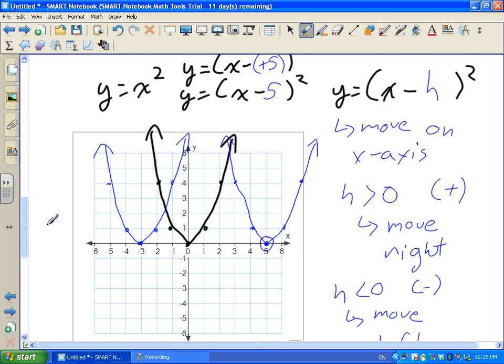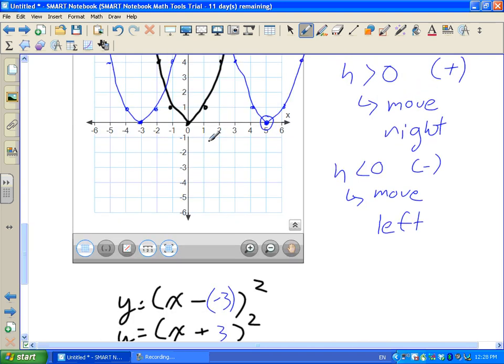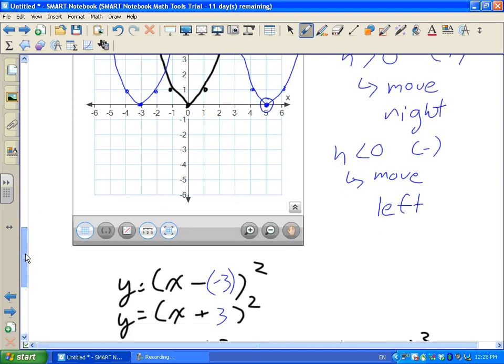There we go. Let's go the other way, 4. When I plug the number 4 in for x, 4 subtract 5 is negative 1, and negative 1 squared is 1. Once again, we get the value of 1. So we have 4 and 1, and we can continue that over.